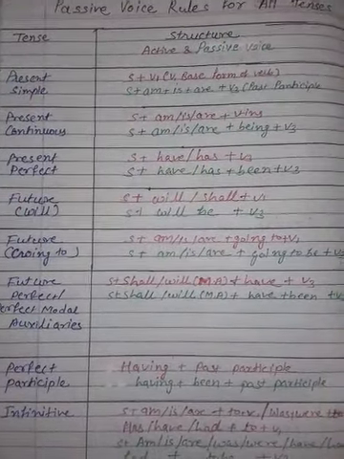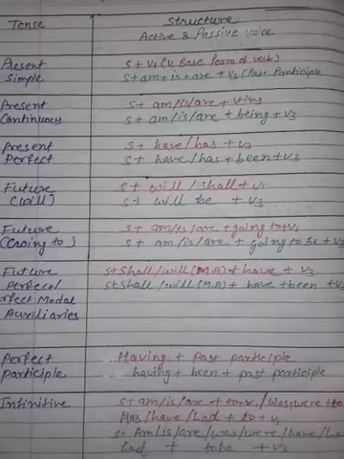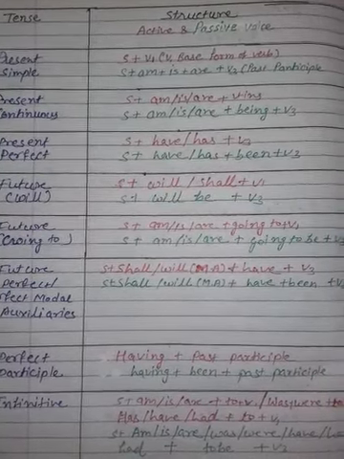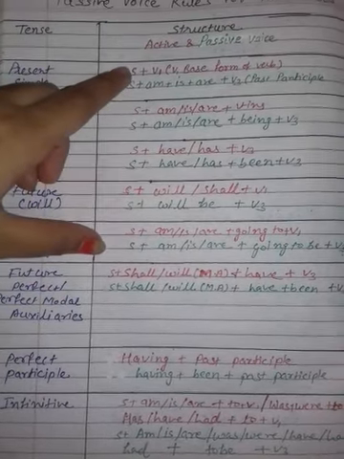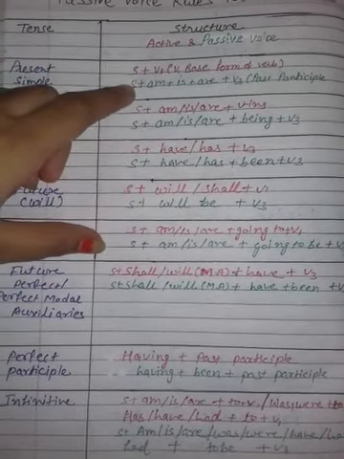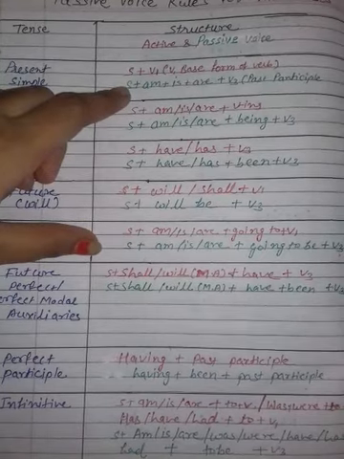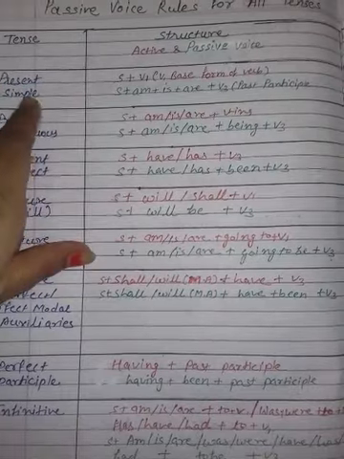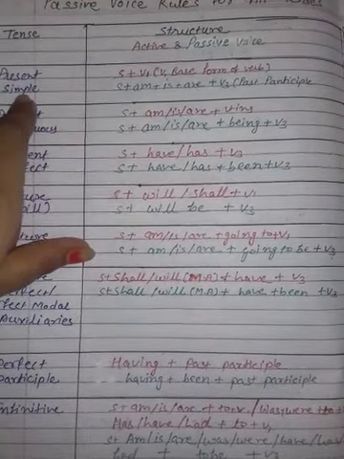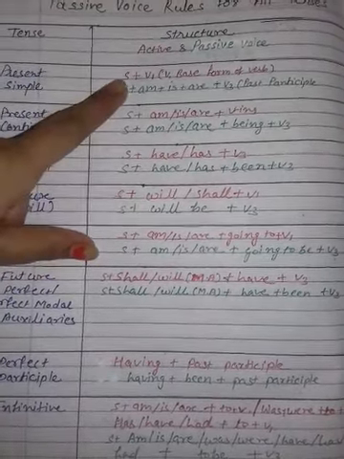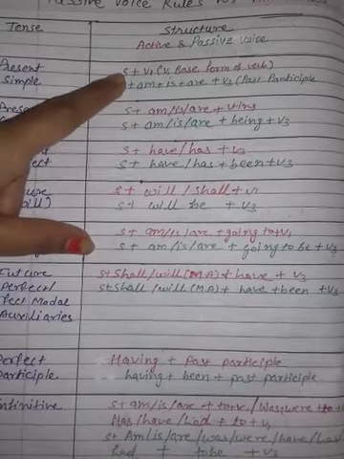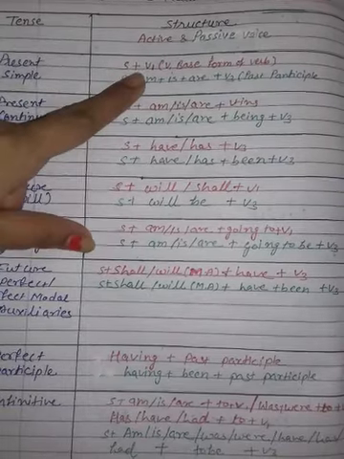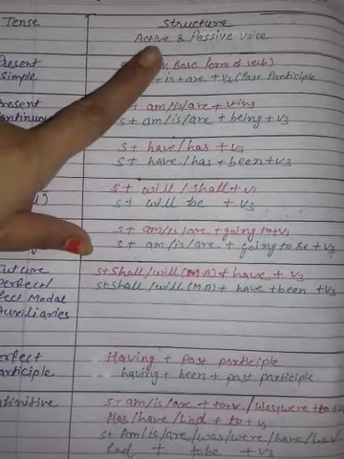Here you can see I have written the structure of all tenses and how they change. This is the structure of active voice, and what is written in green pen is the structure of passive voice. It is the simple present tense. In active voice, the structure of simple present tense is subject plus first form of verb plus object.